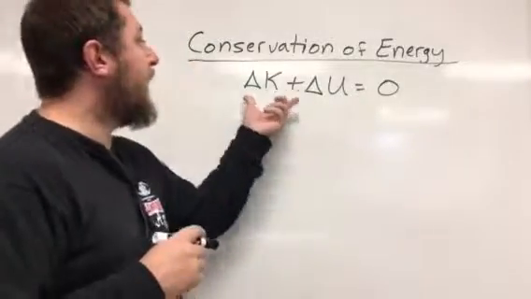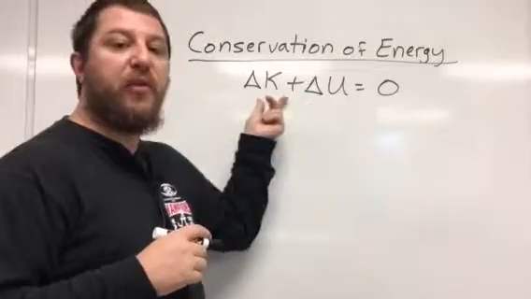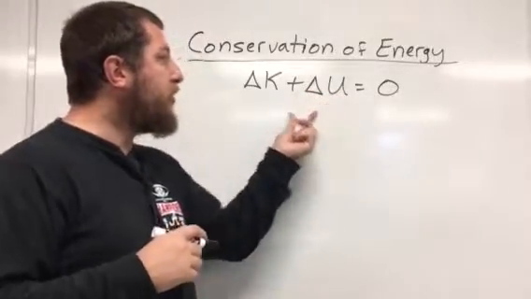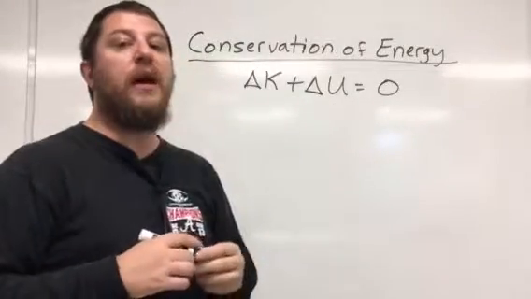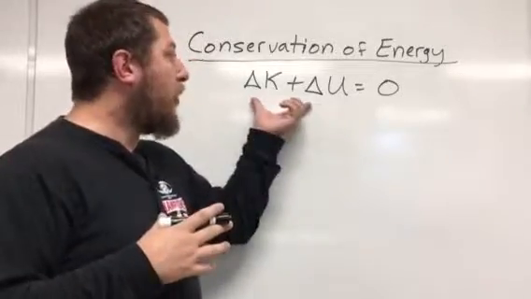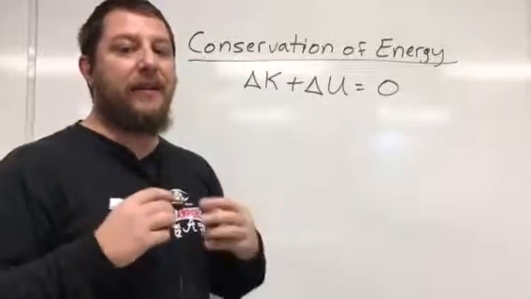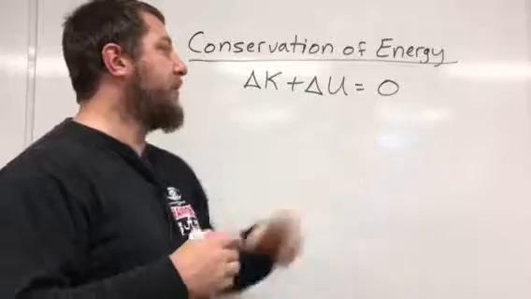So energy can change shape or form between these two, okay? Energy can transform from potential to kinetic and then from kinetic to potential as a system is evolving or moving, but the total sum of the changes in kinetic and potential cannot change. So the total change in energy is zero.